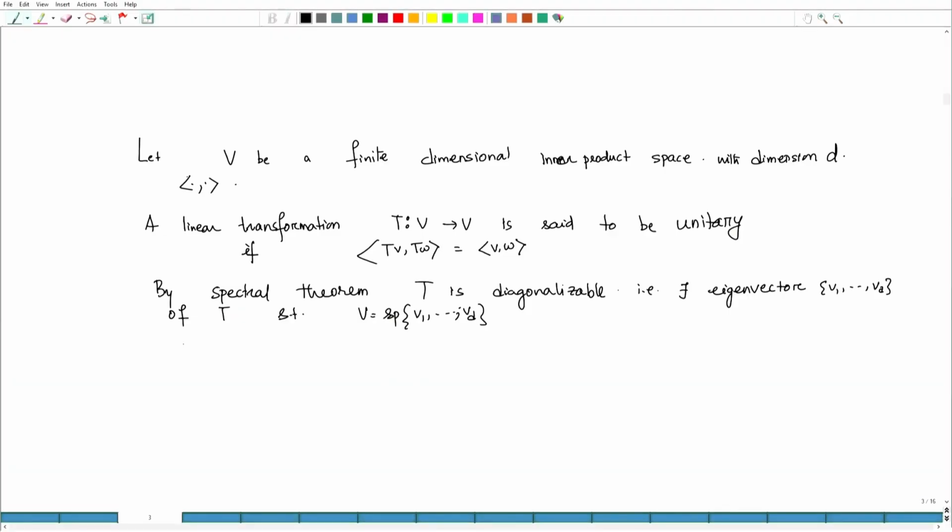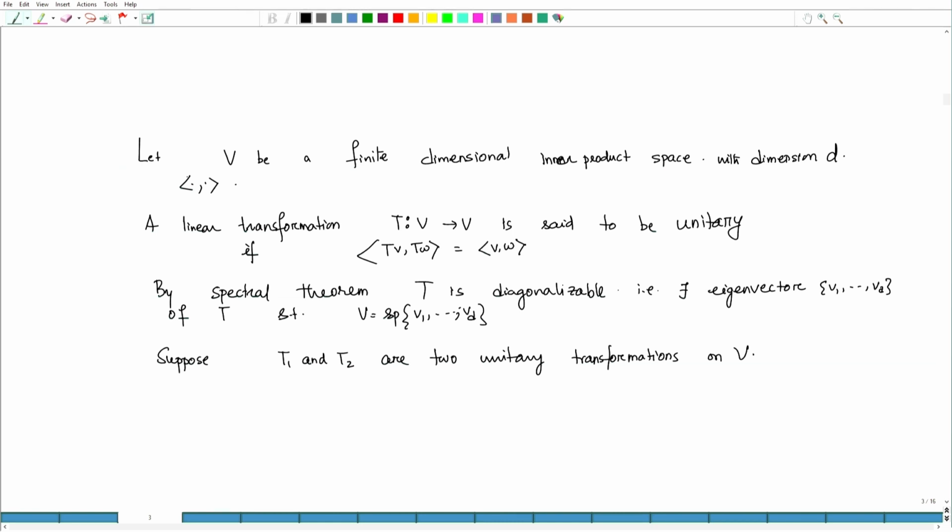So, now suppose T1 and T2 are two unitary transformations on V. Then obviously one can get a basis consisting of the eigenvectors of T1, and also one can get a basis consisting of the eigenvectors of T2.